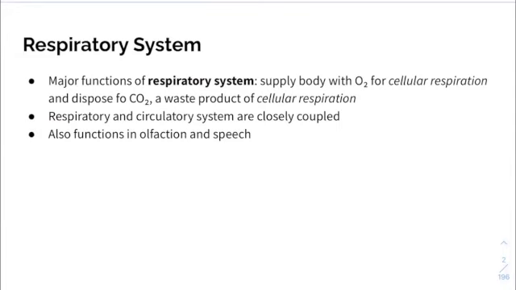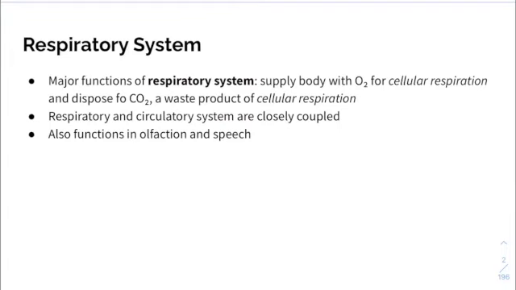We also need to get rid of any of the wastes, such as carbon dioxide, and we do that all through our lungs. So we're following the cardiovascular system with the respiratory system because they work so closely together.